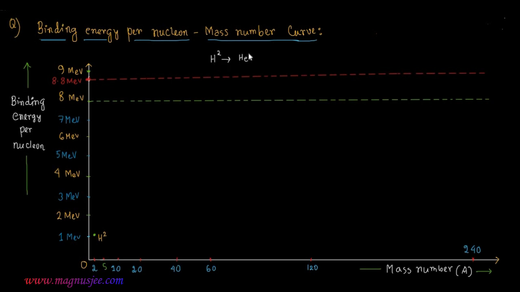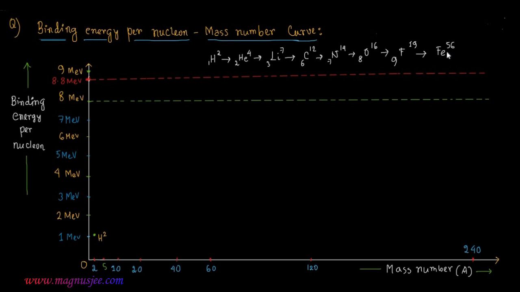For the binding energy curve, we have to memorize the nuclei of the following elements. We have to denote the positions of different elements: H2, He4, Li7, C12, N14, O16, that is oxygen, fluorine 19, and iron 56, and lastly uranium 239.